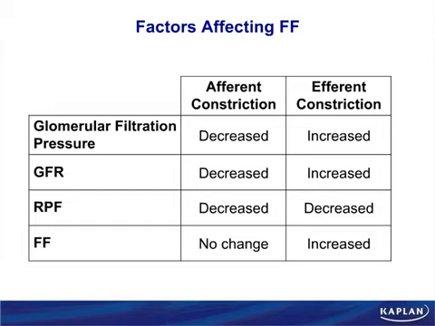Now, who cares about that? Here's why you should care. Because that oncotic pressure now becomes the oncotic pressure of the peritubular capillaries. So if they give you a question and they say an agent was given that leads to an increase in the oncotic pressure as you're filtering, well, they can give you a graph, and the graph can show you the oncotic pressure increasing. I've seen this in many questions.